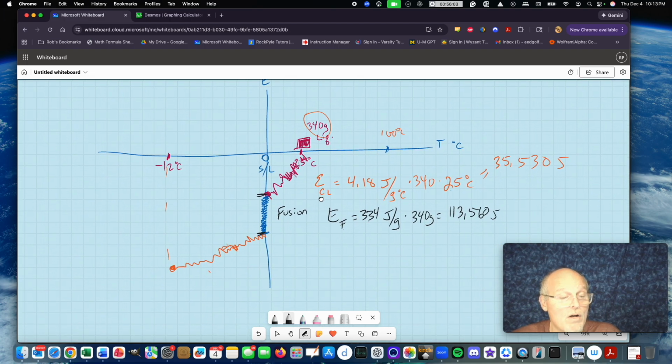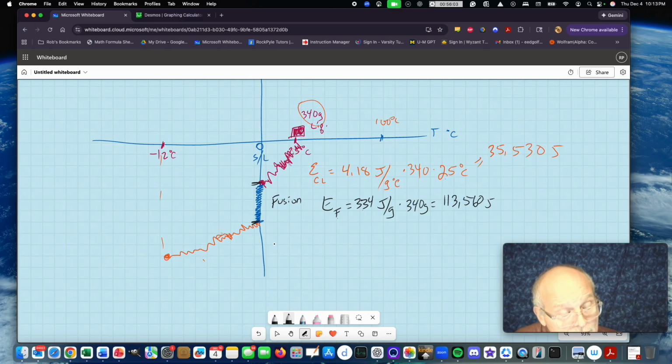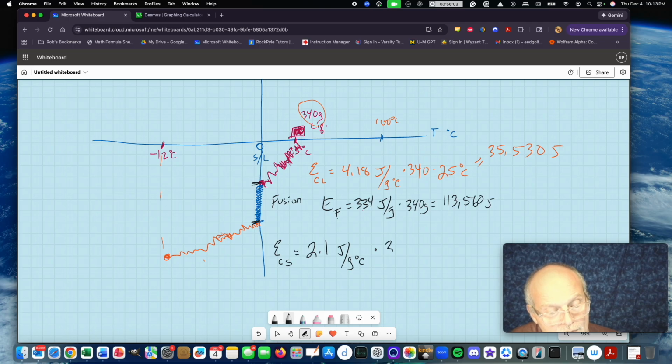And then the third energy expenditure is cooling solid water. So the energy of cooling as a solid is 2.1 joules per gram degree C times 340 grams times, how far are we going?